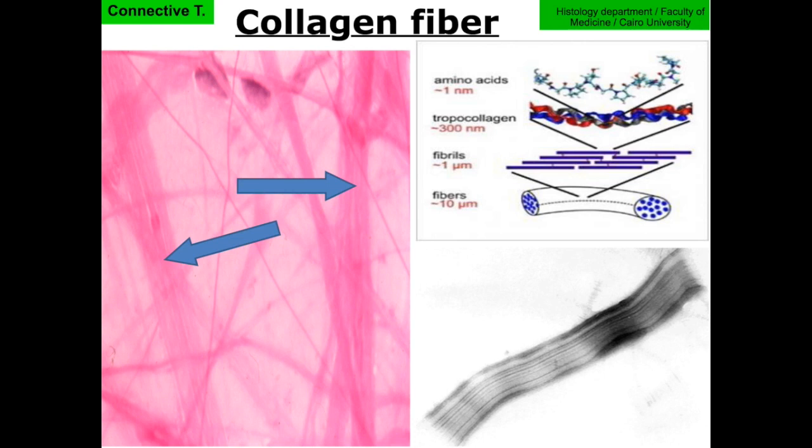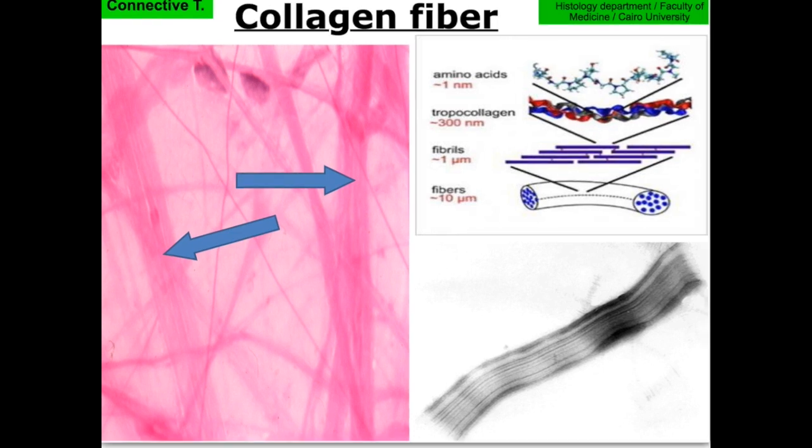Type 5 is present in the external lamina, which is the basal lamina, but for structures other than the epithelium, so it is present in the external lamina of the smooth and skeletal muscle. Type 6 is associated with 1 and 3. Type 7 is present in the skin, forming fixing fibrils in between the dermis and the epidermis.